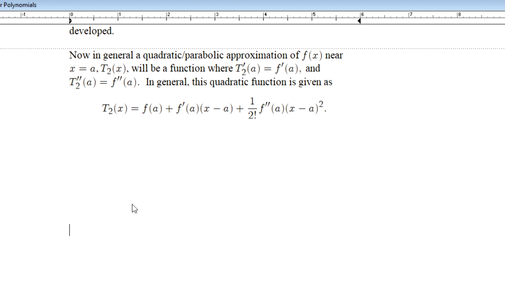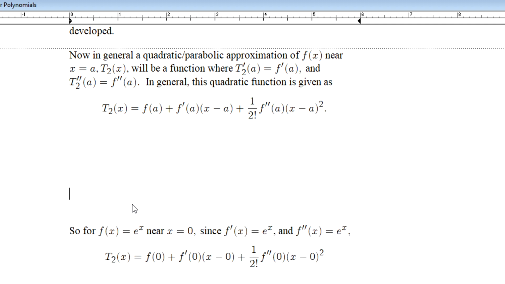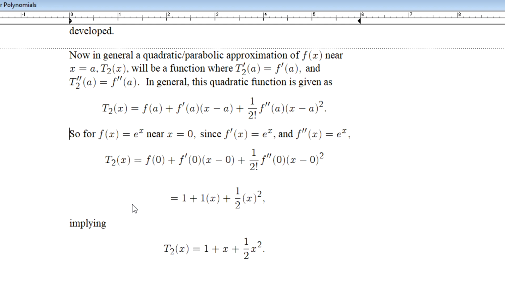If we develop that specific to our case, for f of x equal to e to the x, near x equal to 0, since our first derivative of f is equal to e to the x, and our second derivative of f is equal to e to the x, this quadratic approximation, this parabolic approximation, is going to start off looking like it did in the linear case, with f at 0 plus f prime at 0 times x minus 0.